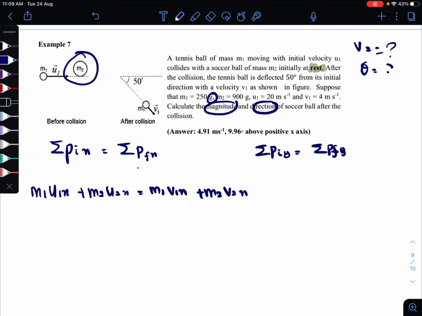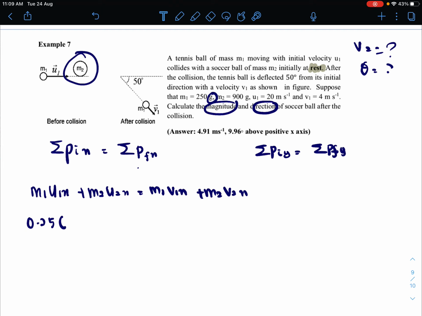So nak convert pergi kilogram, bahagi sahaja dengan 1000. So you will end up with 0.25 kg multiply with U1 along X, and as you can see, your object 1 is already moving along the X-axis. So whatever velocity that it is moving, 20 meter per second is along the X-axis. So kita akan terus masukkan 20 dekat sini.